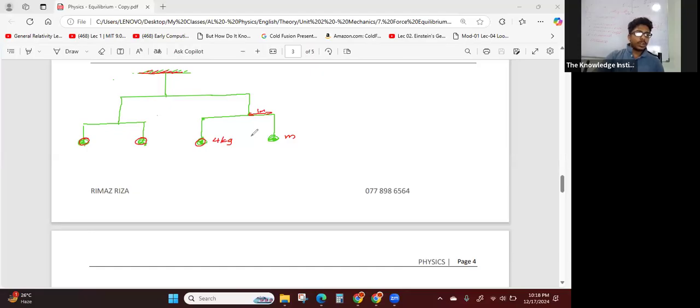So here you want to find this x value, and let's say this is 4 meter. This is 2 meter.